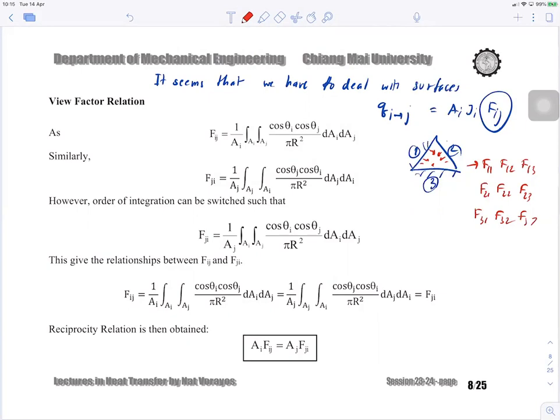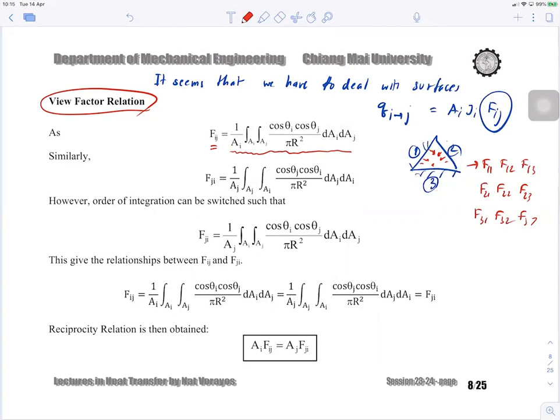You can use the so-called view factor relationships, okay? The first relationship that I would like to talk about is the reciprocity relation. Take a look at Fij, okay? Fij gives you this equation. That's why I said this equation is important, okay?